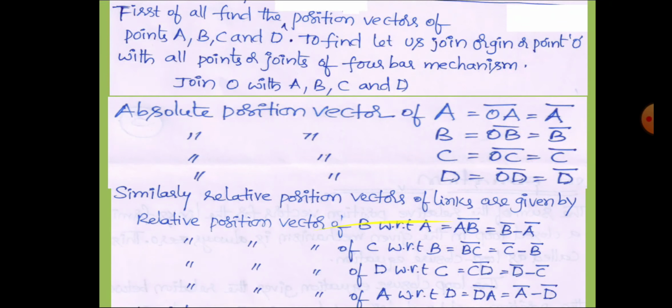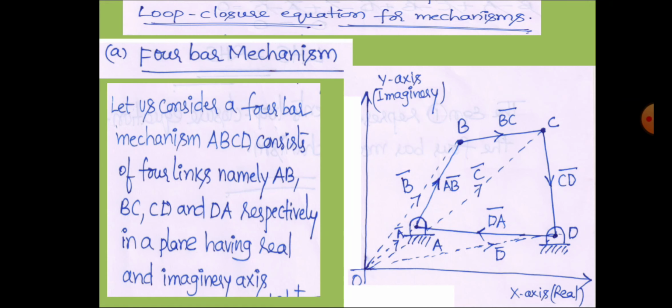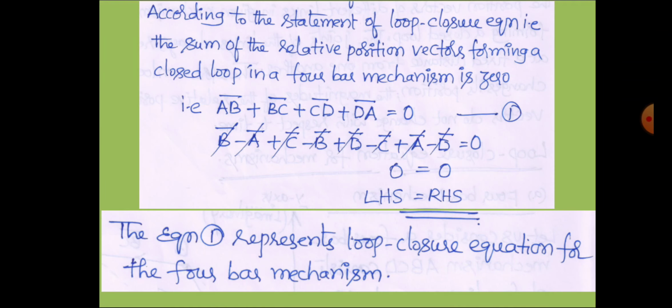Suppose in the figure, if I show AD bar instead of D to A, then in my sum of the relative position vectors, the first 3 are as they are plus, but if I show from A to D, then it will be minus AD bar.